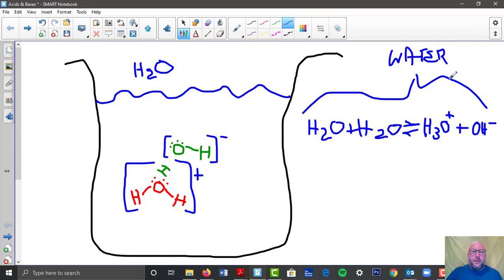Now we know water is a neutral substance. But if you take a look at what's happening in water here, you have the hydronium ion, which, if you remember from the most recent POGIL that we did, is an ion that we found in acids. And we also have the hydroxide ion, which we normally associate with bases.